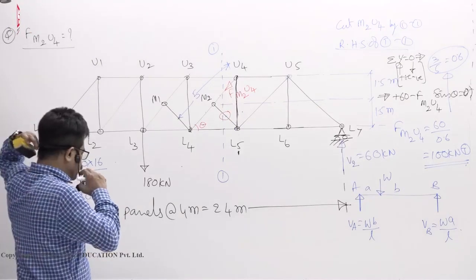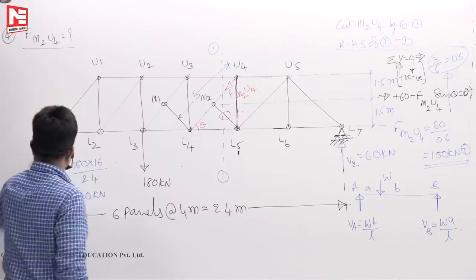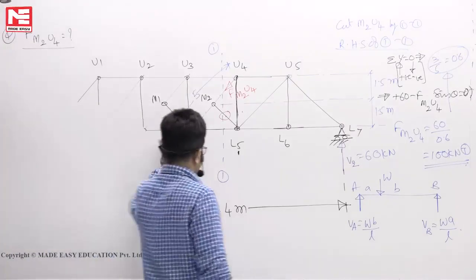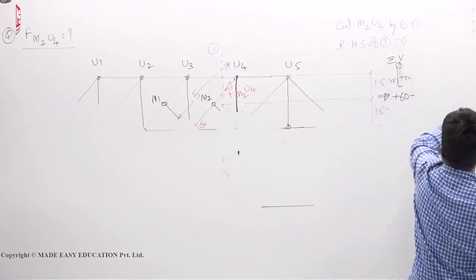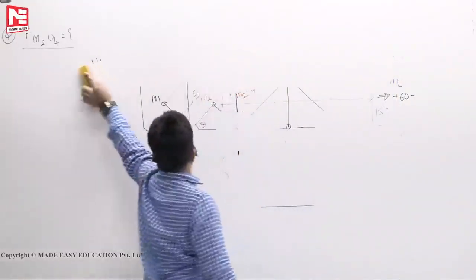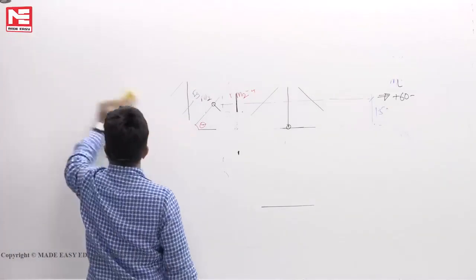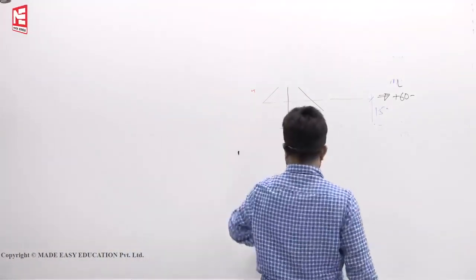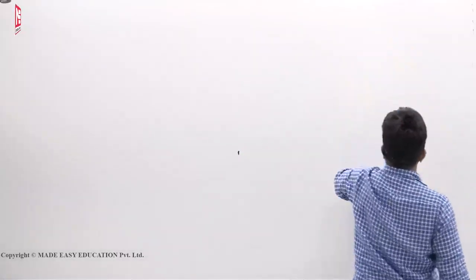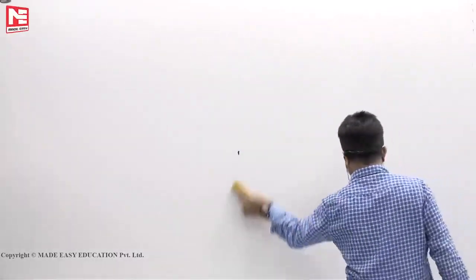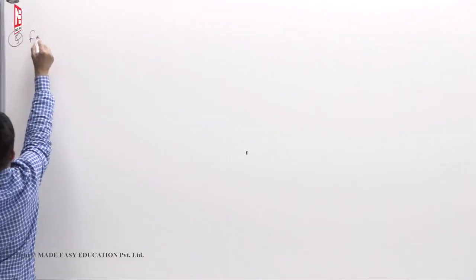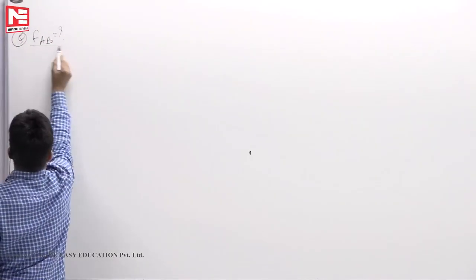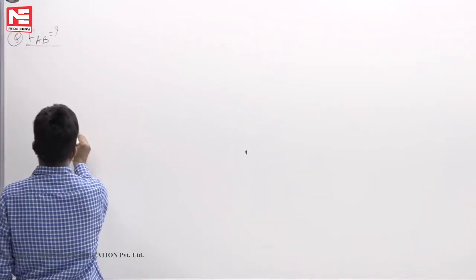Okay. Now let's see the next problem. We want to find the force in the member AB. The truss configuration is like this.